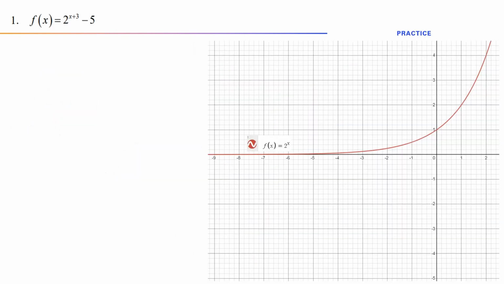Let's try this one. The question is f of x equals 2 to the power of x plus 3, minus 5.